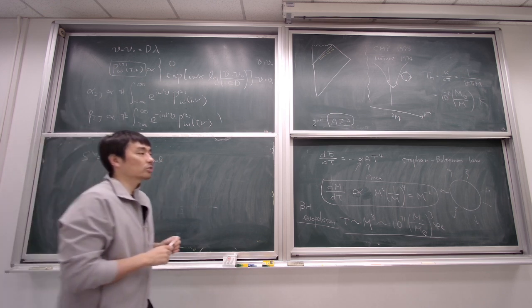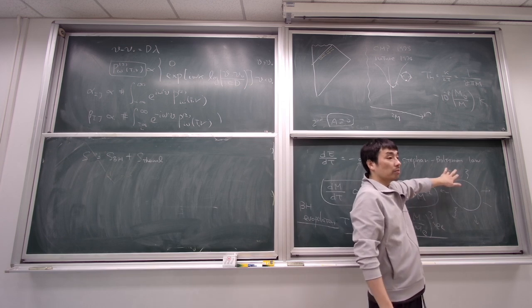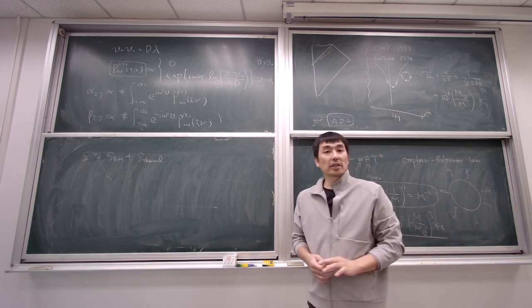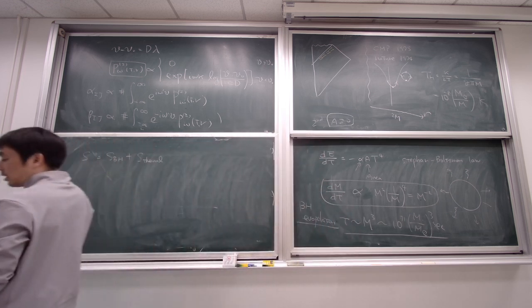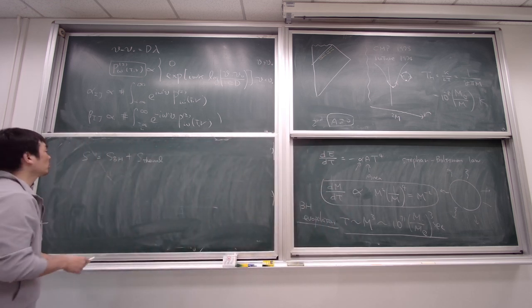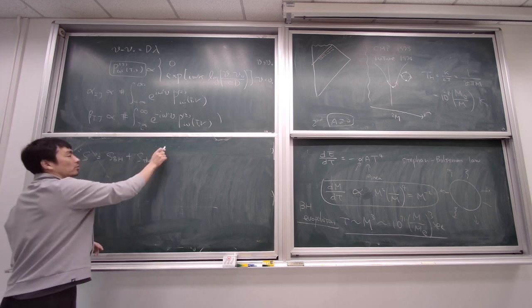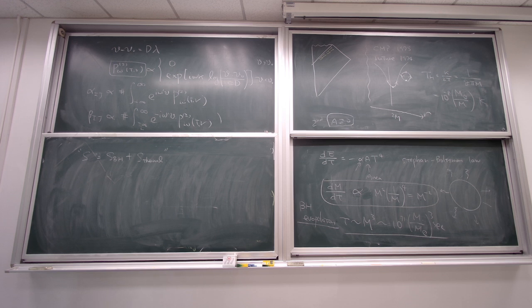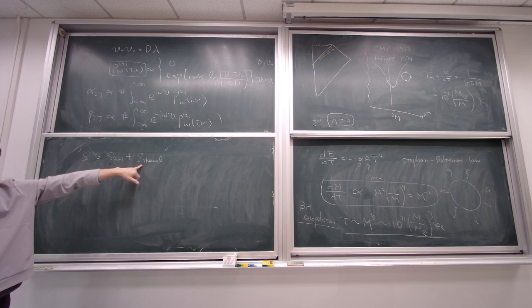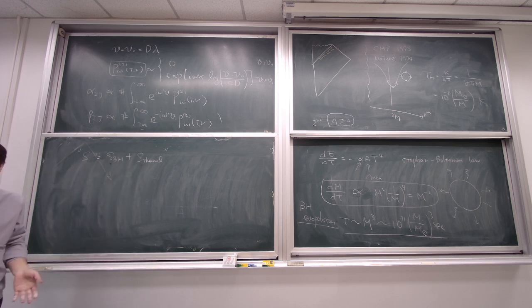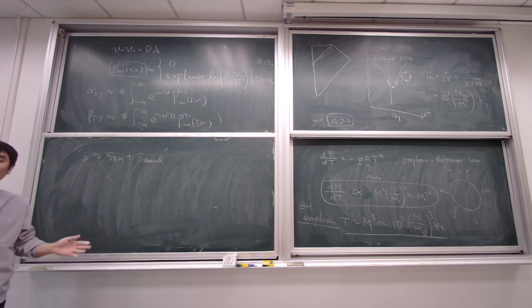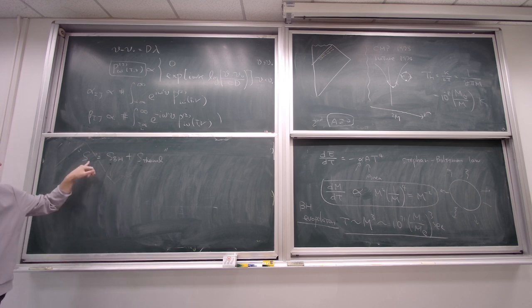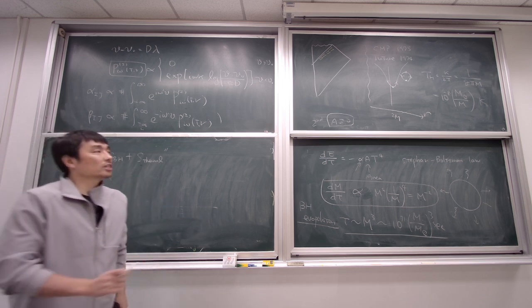Thermal radiation should also have entropy, okay? Because it's a mixed state, so you can have entropy. If you consider the total entropy, it doesn't decrease. Even if you do the black hole evaporation, the mass of the black hole will change, but you have more thermal radiation. So in the total system the entropy doesn't change, but the area does.